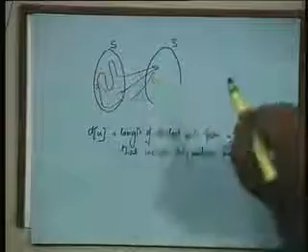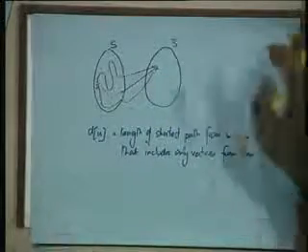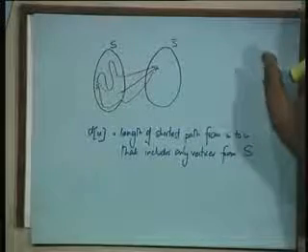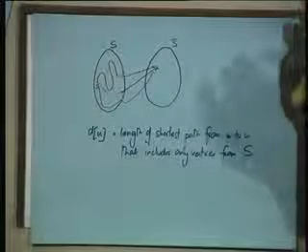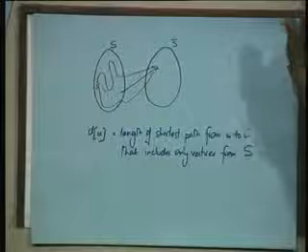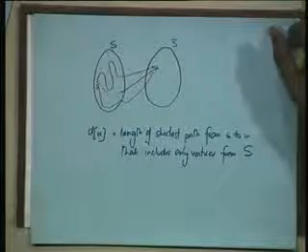You will say u is in S complement, so except for u which is the last vertex, the other intermediate vertices will only be vertices from S. That is the meaning of D of u, or that I claim is the meaning of D of u. Let us see whether this is really true. How will we prove that this is true?